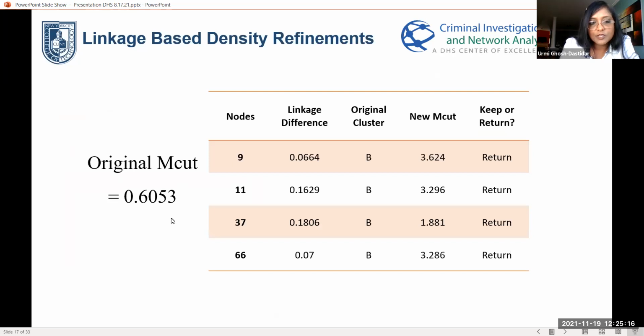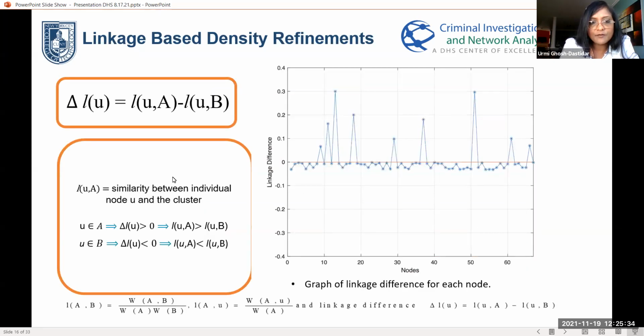So the original MCAT value we obtained by the spectral clustering method is 0.6053. And I think we identified the nodes 9, 11, 37, and 66. The original cluster, it was in cluster B. So I believe the delta LU should be positive for each of these 4 nodes, because the cluster is B, but they have positive values.